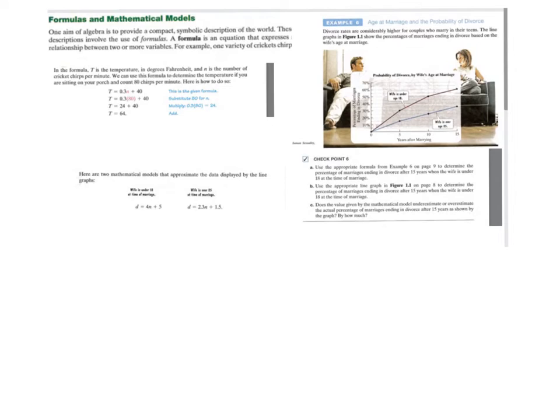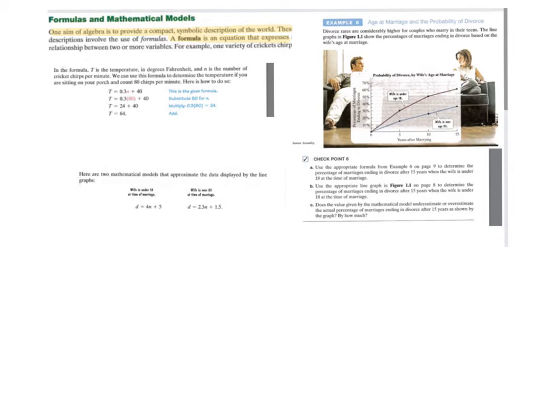Okay, the whole purpose of what we're doing is creating symbols that describe the real world, or equations. And if we look at this, this is often called a formula. The equations that are already created from real world examples are formulas.